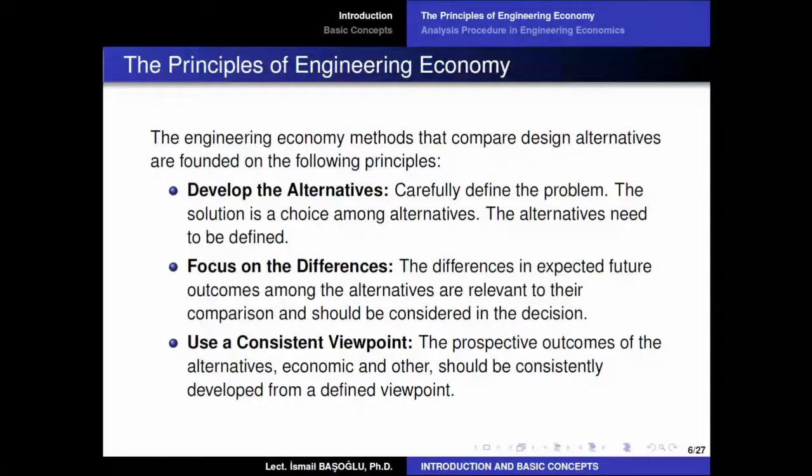Their future outcomes are also going to be different, their future costs are different, and the profit that you are going to get from these printers is also different. So the future outcomes of each alternative are going to be different in expectation, on average. Therefore, we need to compare these alternatives with respect to their differences.